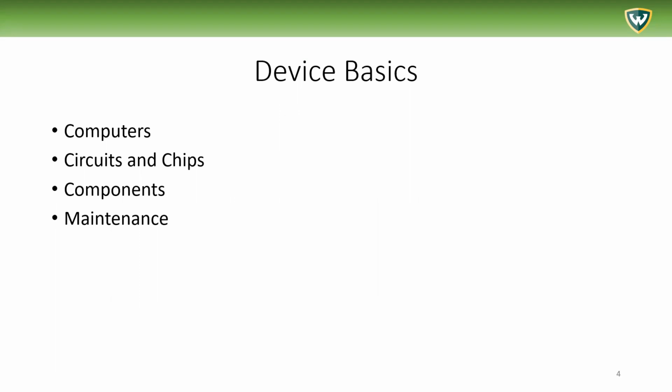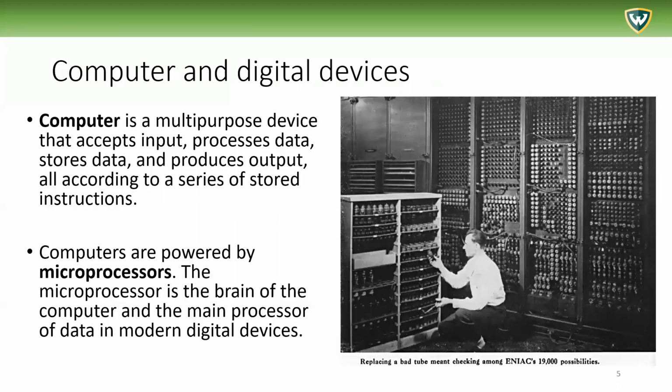Device basics. Here we're going to be talking about computers, circuits and chips, components, and maintenance of computers more broadly. Computers and digital devices: a computer is a multi-purpose device that accepts input, processes data, stores data, and produces output, all according to a series of stored instructions.